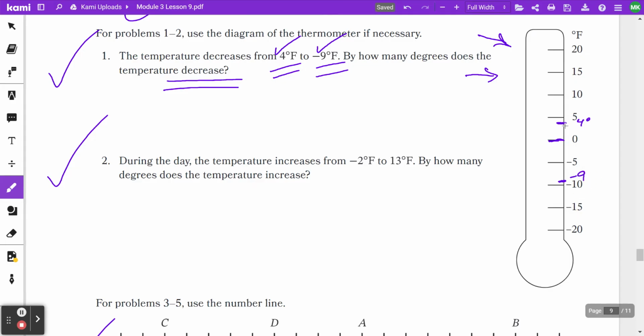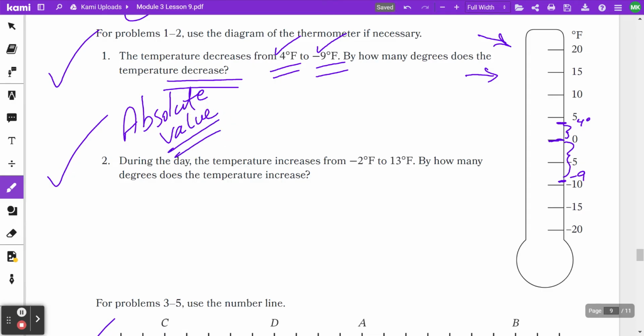So one way to do this is to ask, what's the distance between the 4 and the 0, and the 0 to that negative 9? These are my absolute values, my distance from 0. So you'd love to use that absolute value scenario to deal with this.